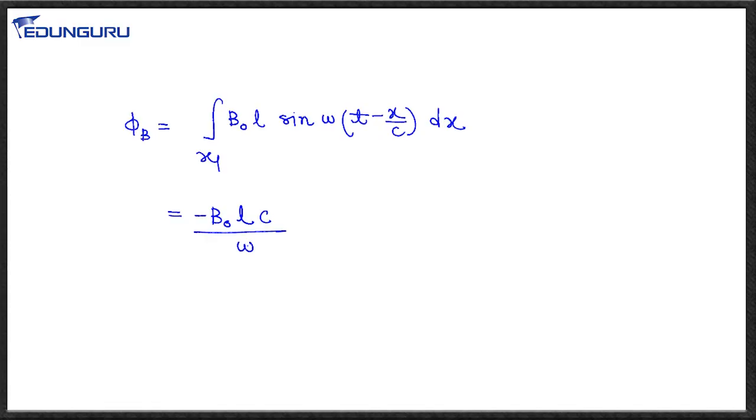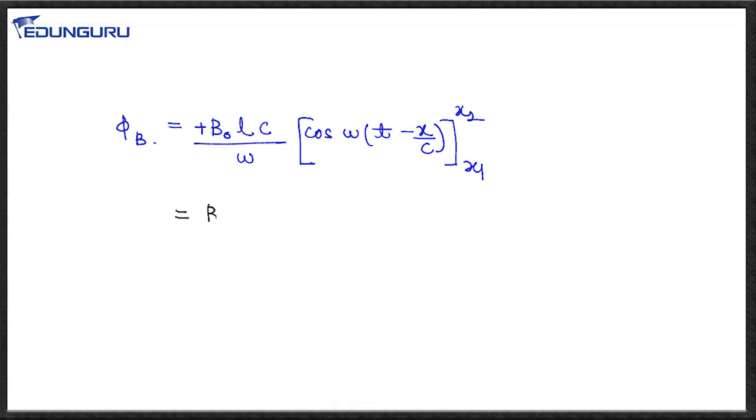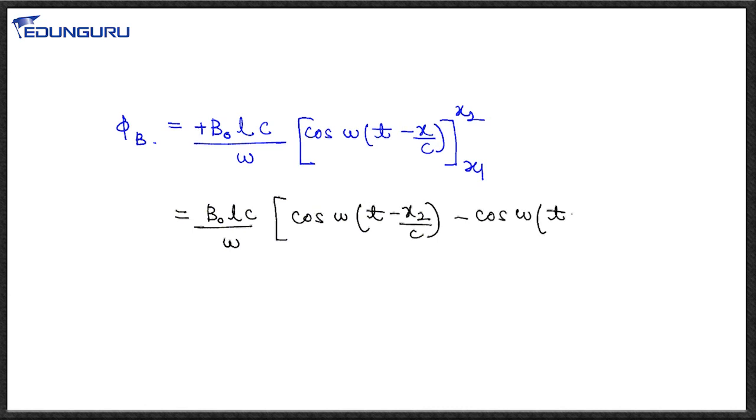So, it is minus c by omega, minus minus becomes plus. This is cos(ω(t − x/c)) from x1 to x2. When we substitute the limits, it is B naught L c by omega [cos(ω(t − x2/c)) − cos(ω(t − x1/c))].